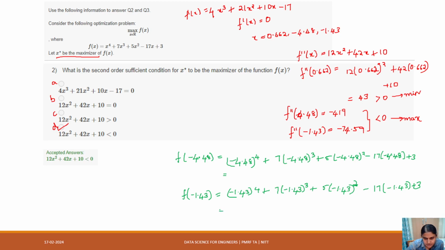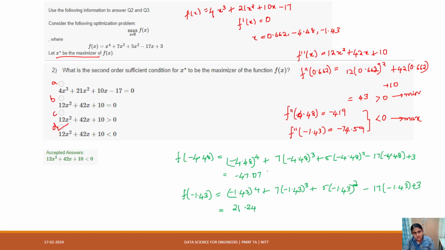You have to find this also. So when you solve it, you can solve it later. You will be getting minus 47.07, and this one is 21.24.